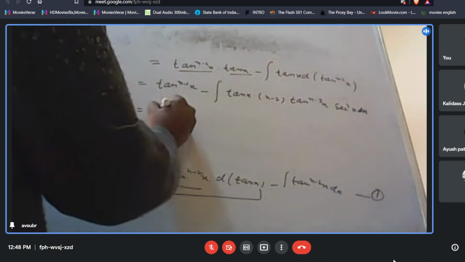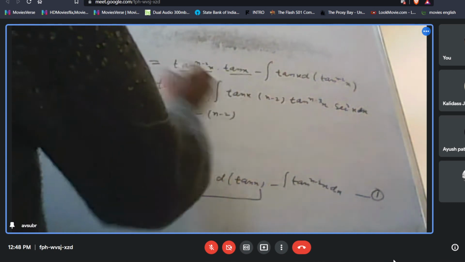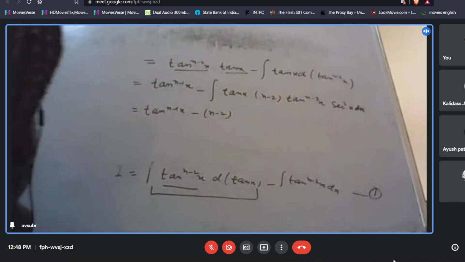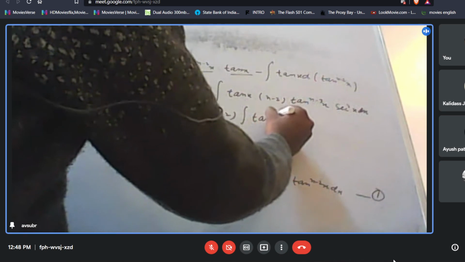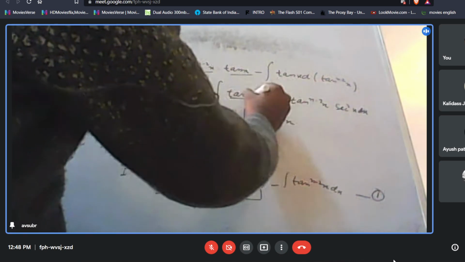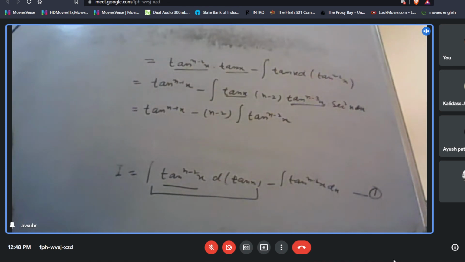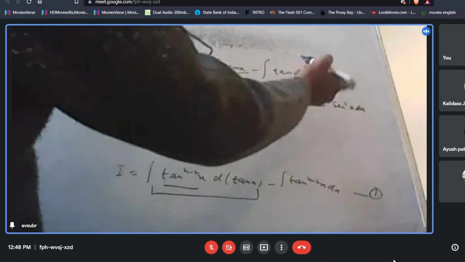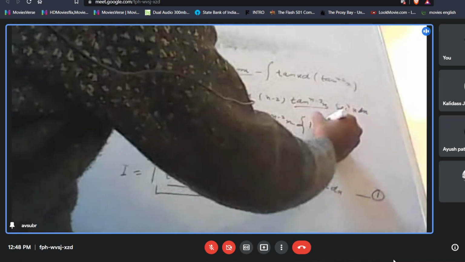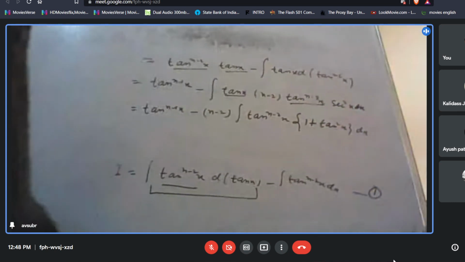All right, so 10 to the power n minus 1x minus n minus 2 can be taken out of the integration. This can be written as 10 to the power n minus 2x, because this is 10x and this is 10 to the power n minus 3x. So 10 to the power n minus 2x into 1 plus 10 square x dx. Can I write it like this?